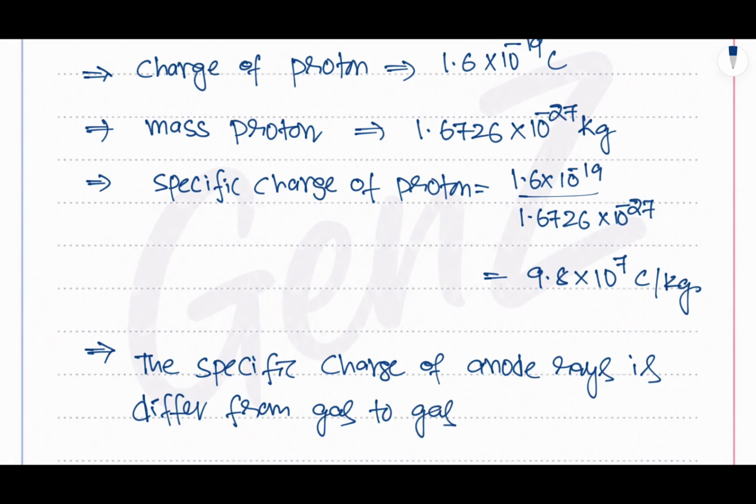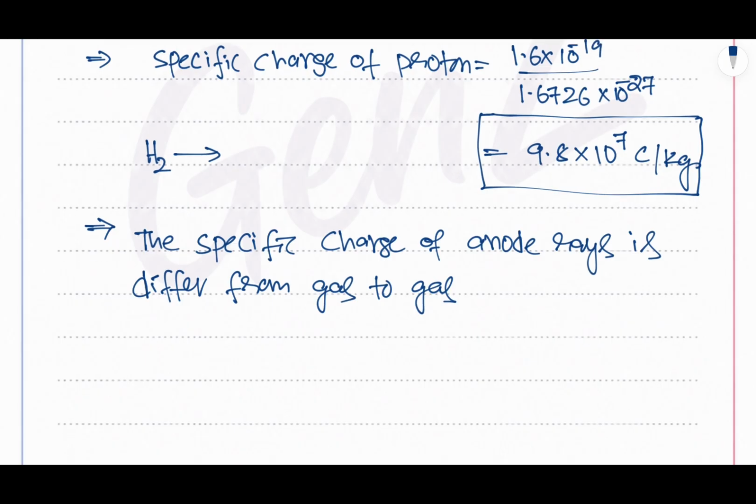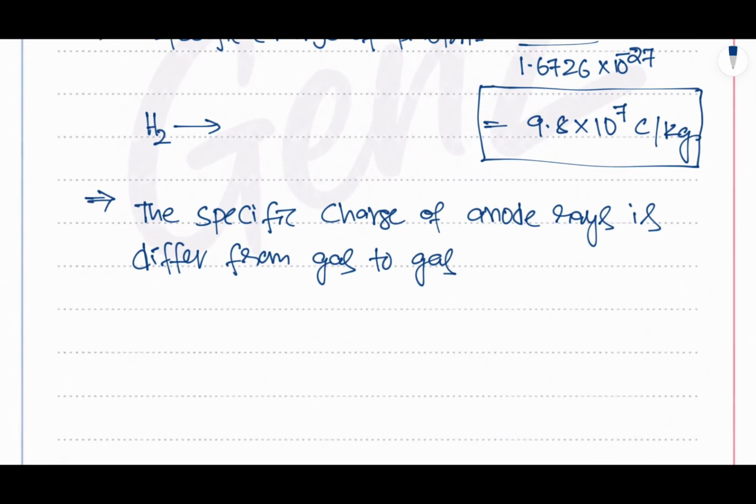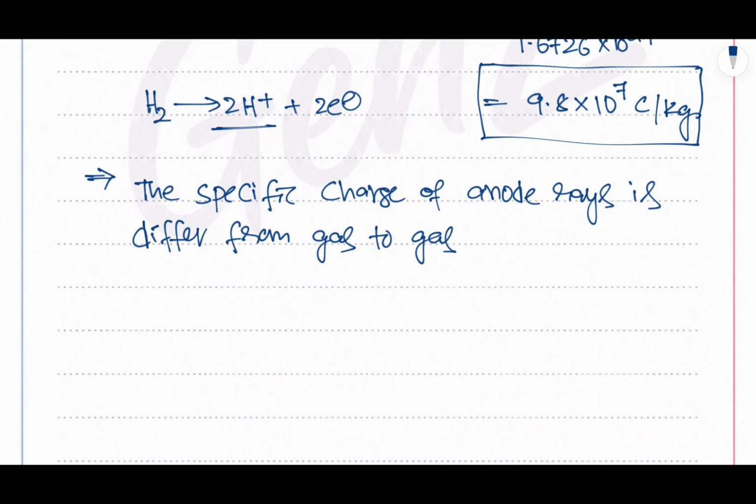Then what is the value we have discussed here? This is the specific charge of the proton from the hydrogen gas in the discharge tube, which undergoes dissociation like 2H plus 2 electrons. For these protons only we have calculated this specific charge. Note that the specific charge of the anode rays is maximum for hydrogen gas only.